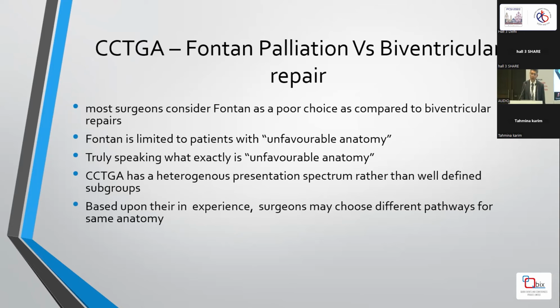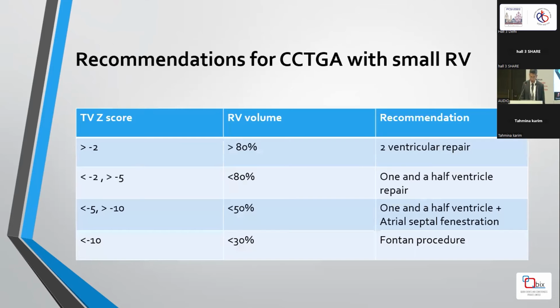It was counterproductive, and a couple of our patients developed LV dysfunction as a result of the double switch, rather Rastelli. So I came across this data which says that if RV volume was greater than 80% and tricuspid valve Z-score was more than -2, then it was suitable for biventricular repair, and otherwise you should look for a Fontan procedure.